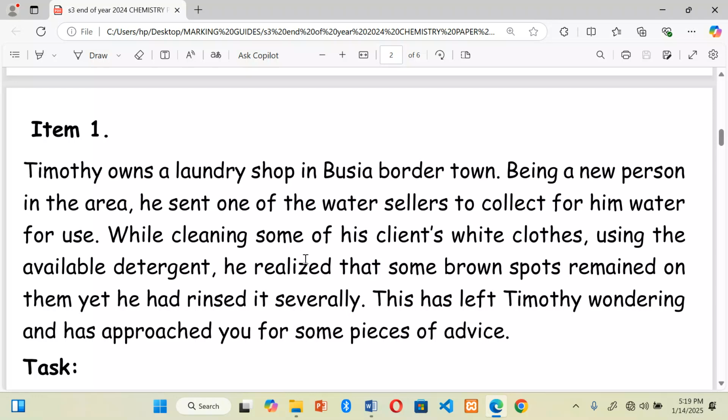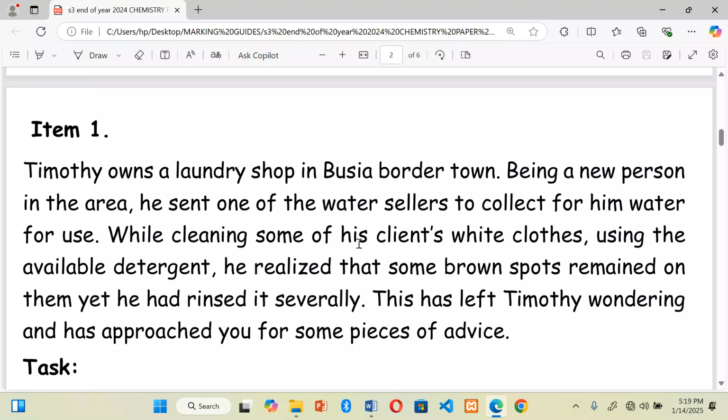So the scenario for item number 1, Section A, is that Timothy owns a laundry shop in Busia border town. Being a new person in the area, he sent one of the water sellers to collect water for him for use.